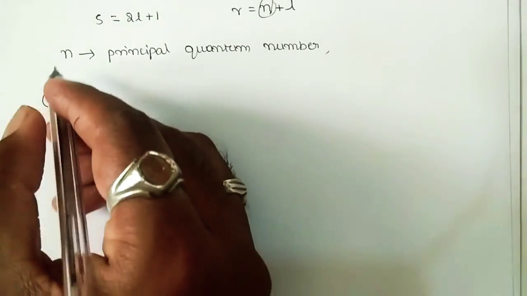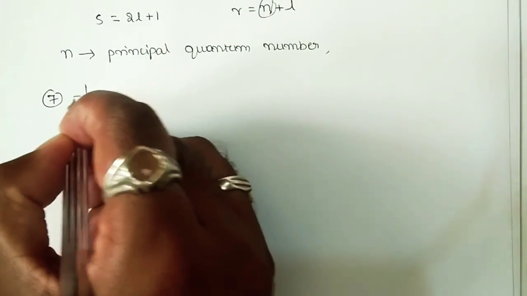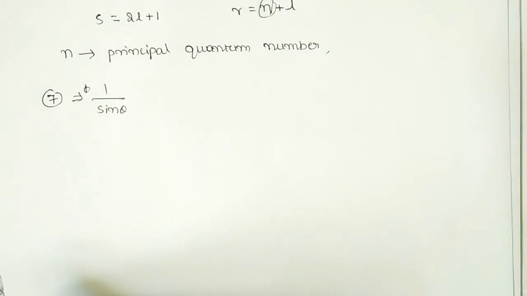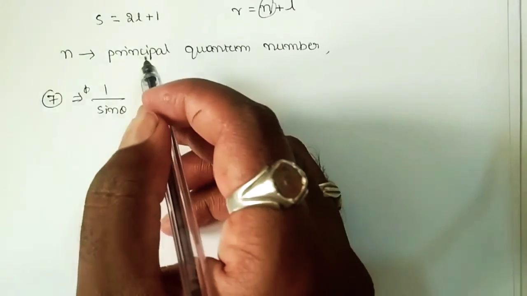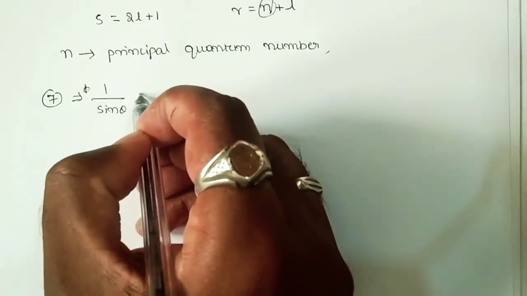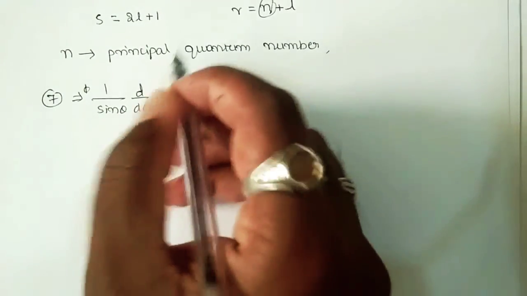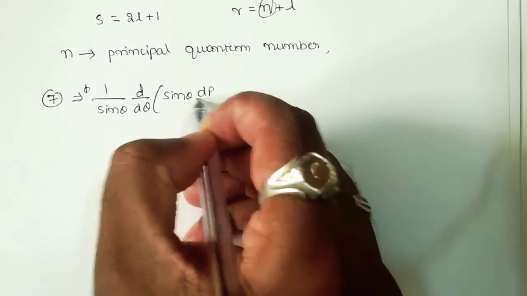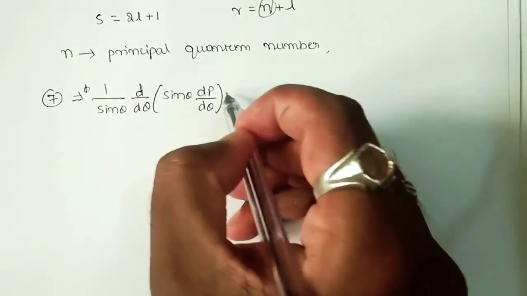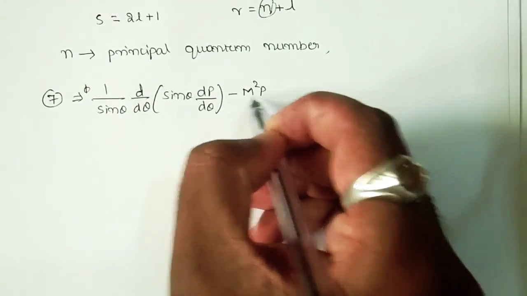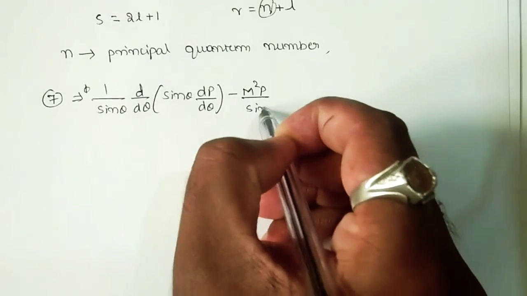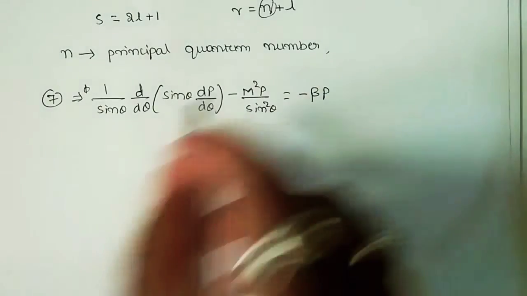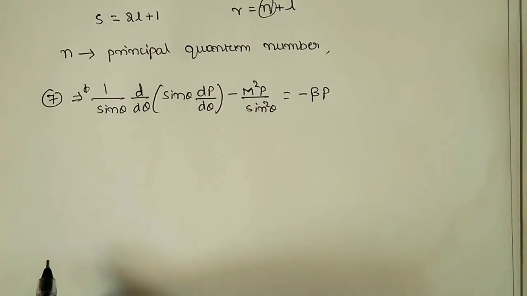According to equation number 7, it is 1 by sine theta into d by d theta of sine theta dP by d theta minus m square P by sine square theta, that's equals to minus beta P. This is according to equation number 7.